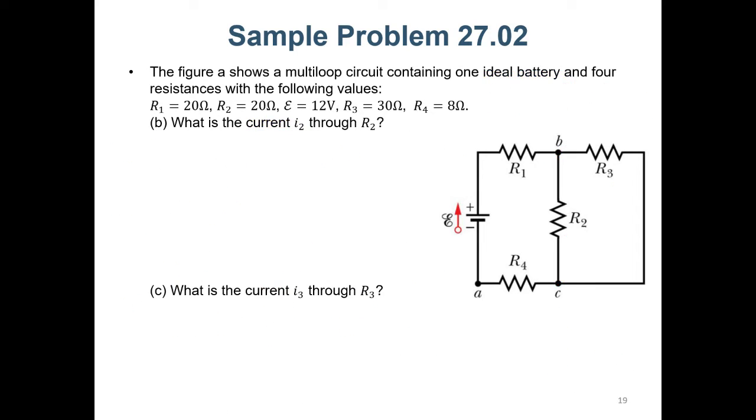So next, for part B, what is the current going through R2, I2? So I2 is this one. I3 is that one.